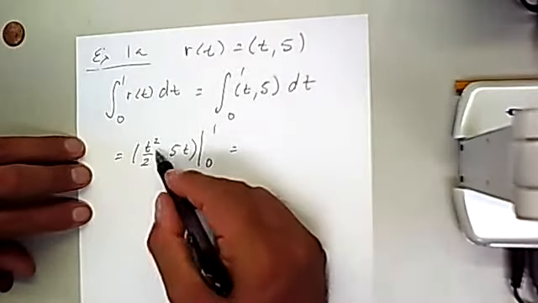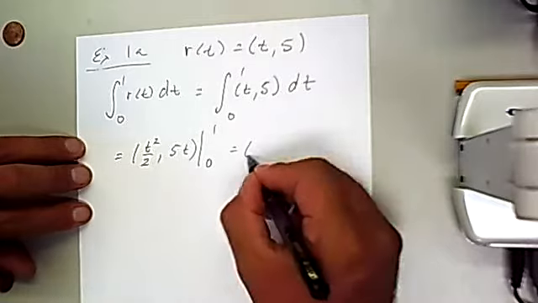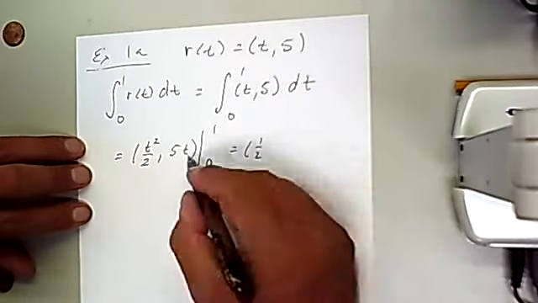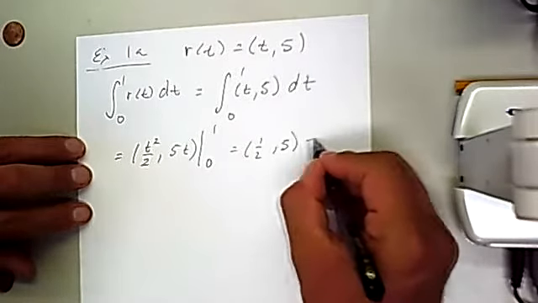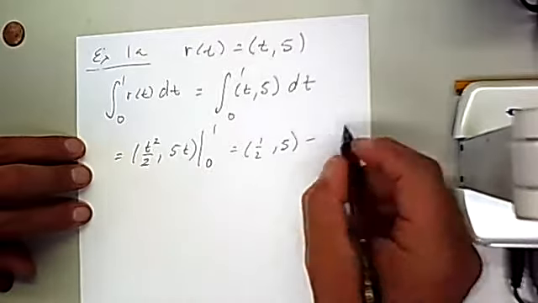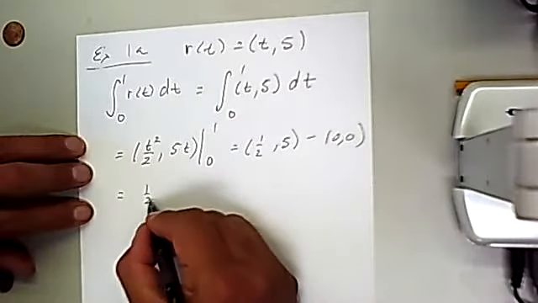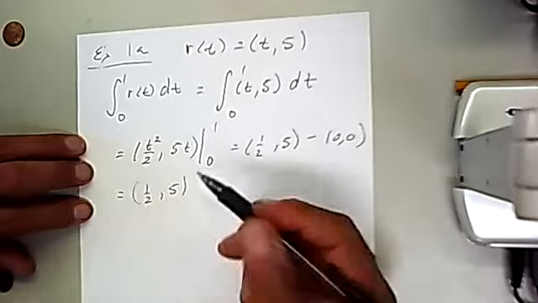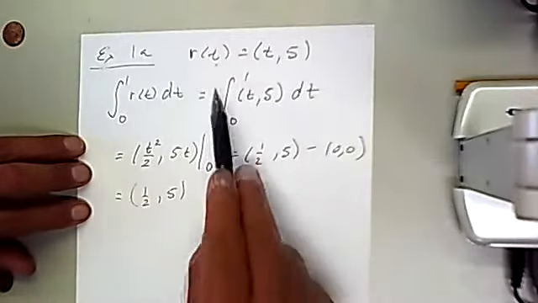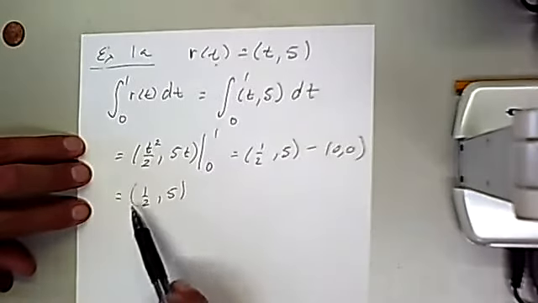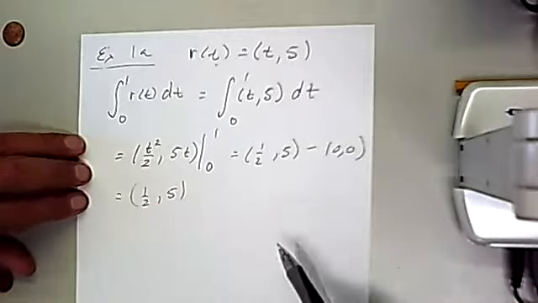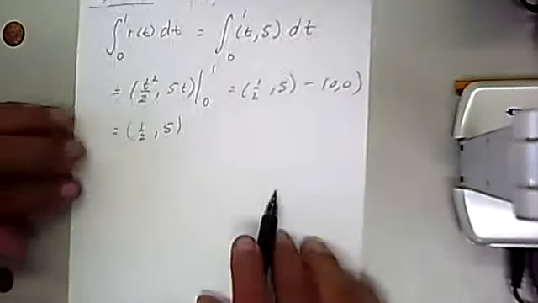So at 1, we're going to end up with 1 squared over 2, a half, and 5, minus, at 0, we're going to end up with 0. So we end up with (1/2, 5). Okay, so the integral of this vector function from 0 to 1 is (1/2, 5). What does that mean?